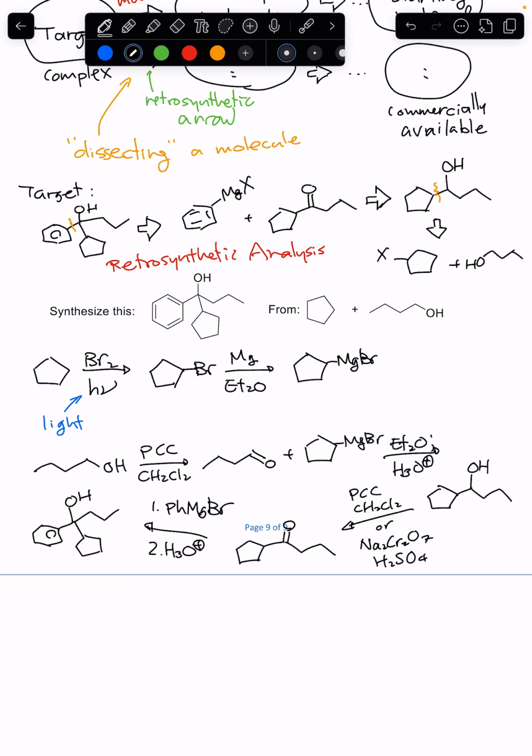Because if you're going to be an organic chemist, which I realize not everybody here is going to be, but the goal is that at the end of the year, you're going to be some sort of an organic chemist because you finished the whole year of organic chemistry. You need to be able to design and think about how to make molecules. And that's an exciting idea because if you get good at this, you could build any molecule you want.